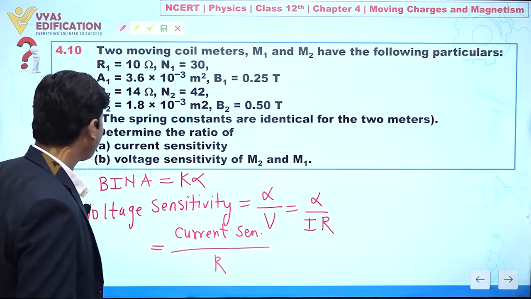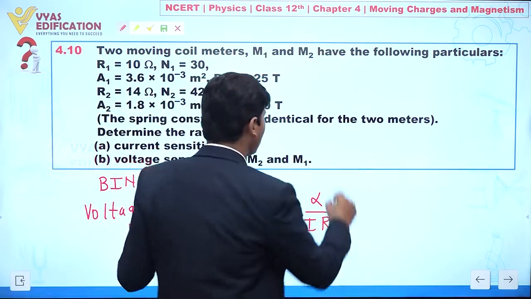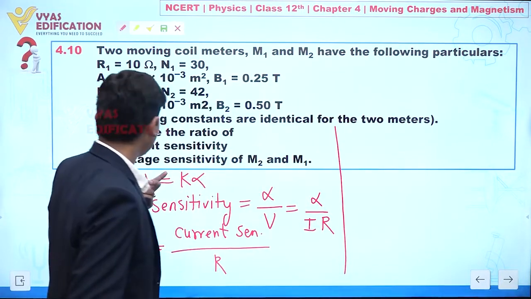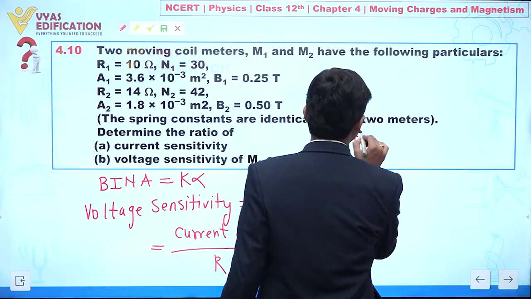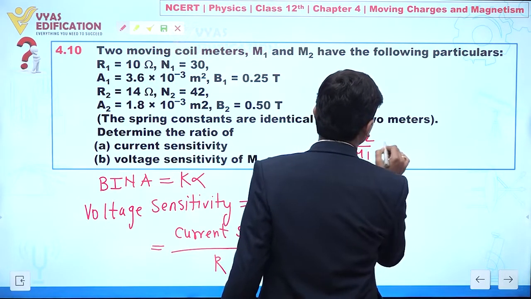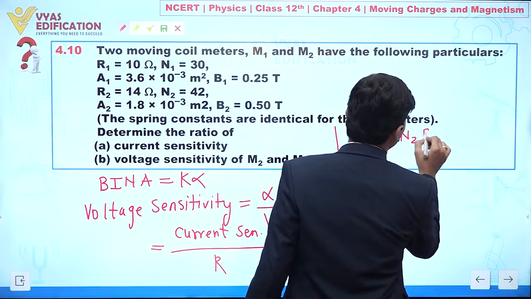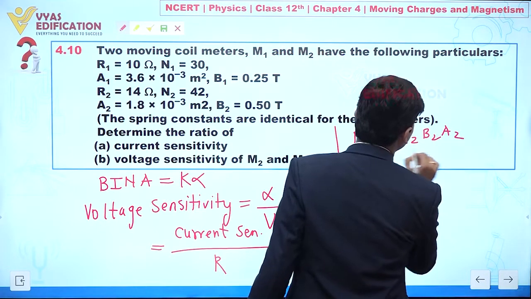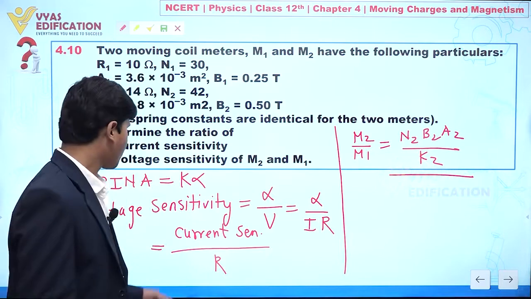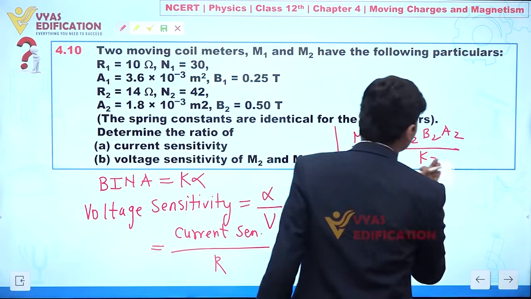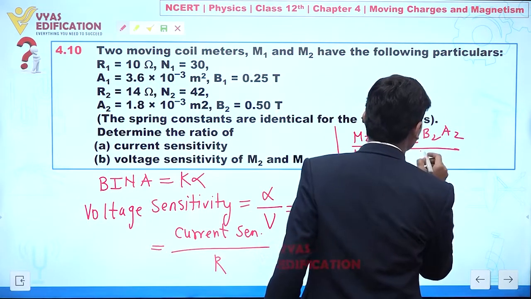Current sensitivity we already found: NBA divided by K. So for M2, it is N2 B2 A2 divided by K, over R2.